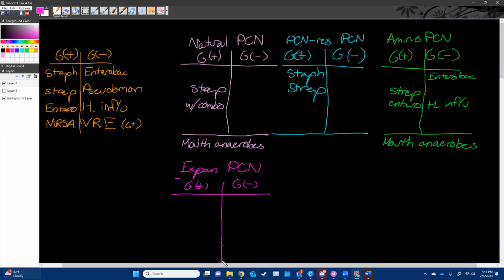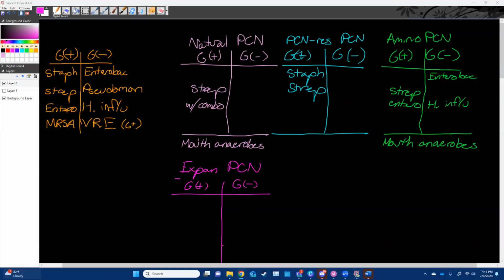That's the one that kills COPD patients a lot and COVID patients, I believe. Don't quote me on it, but I believe.